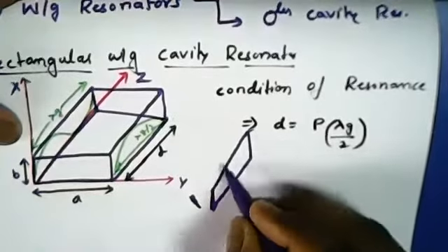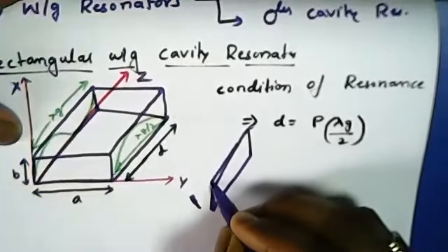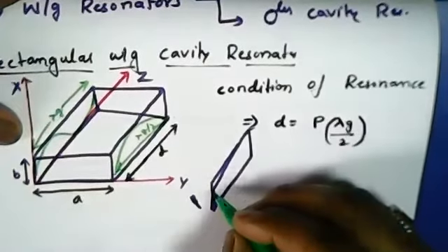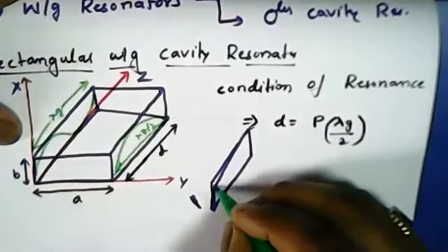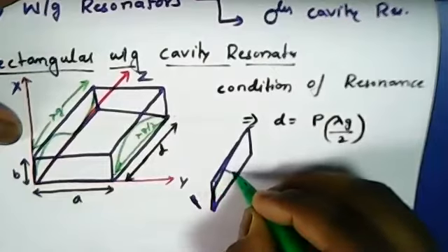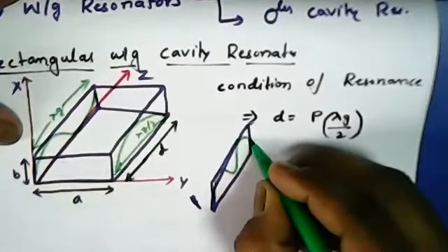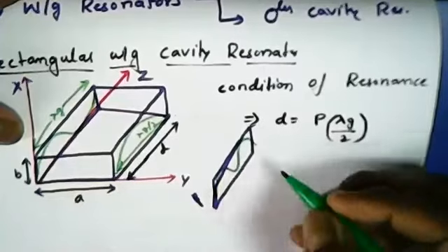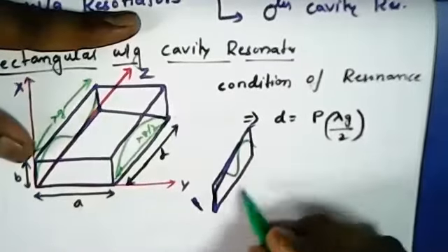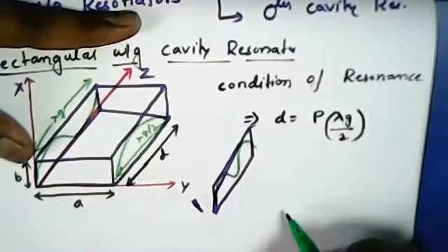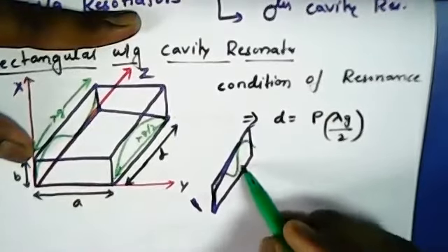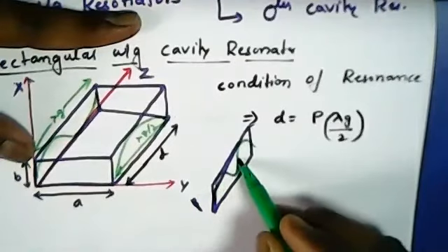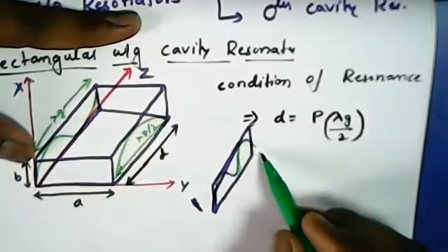Now, if the wave is given like this, can you tell me what is the wavelength of this particular structure? From here it comes, goes like this, and once again comes like this.